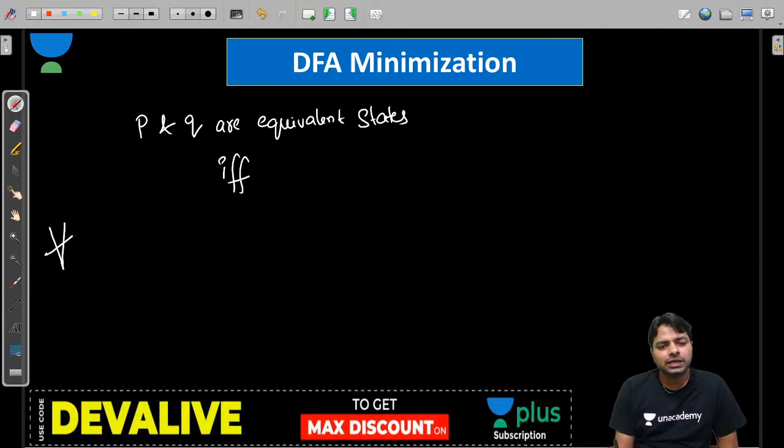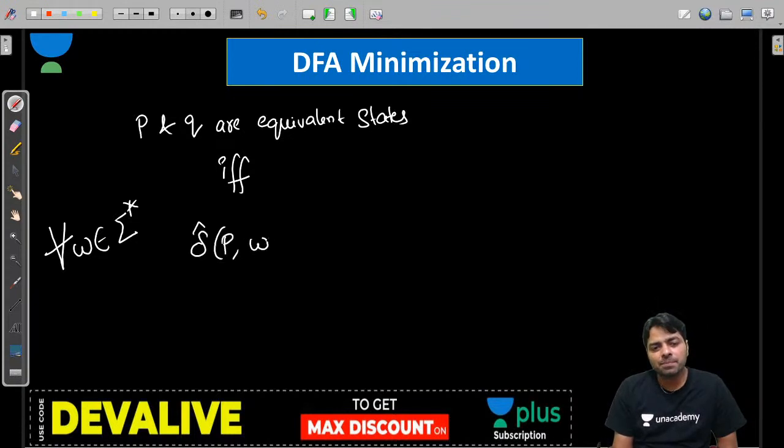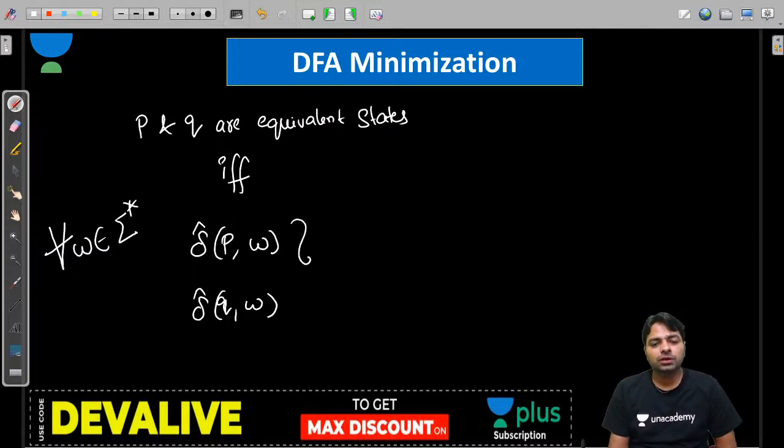for all strings belonging to sigma star, if you read any string from P and the same string from Q, both must halt at finals or both at non-finals.